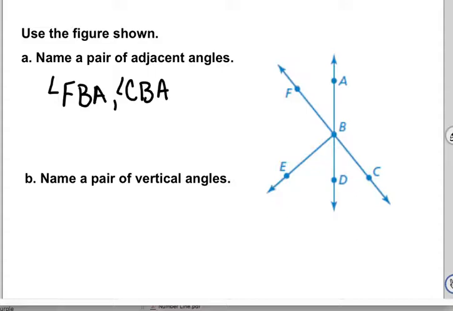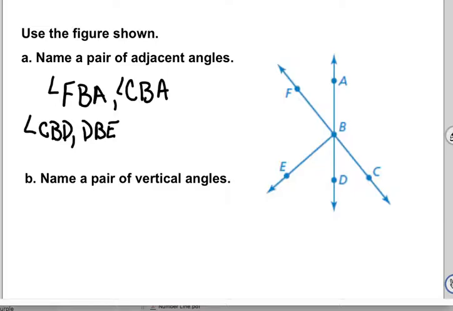Do you agree with her? Yes. Do they share a side and the vertex? Good. Do you see another set? Is there another set of adjacent angles that you can see? Ridley. CBD and DBE.